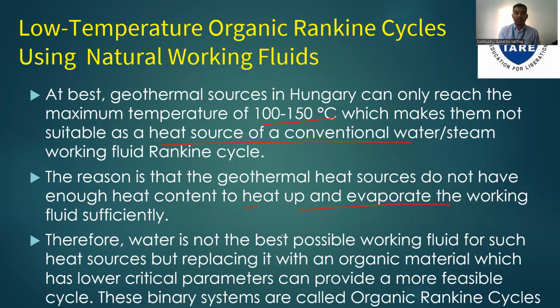Therefore, water is not the best possible working fluid for such heat sources, but replacing it with an organic material which has lower critical parameters can provide a more feasible cycle. These binary systems are called organic Rankine cycles.